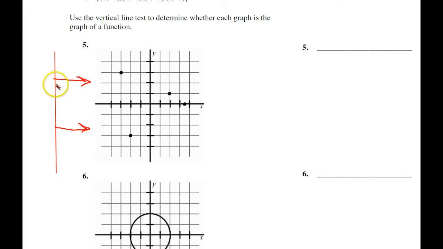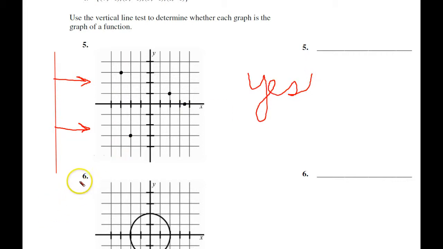Now, as this vertical line moves over the graph, does it intersect these points in more than one place? Well, here it's going to be 1, here it's going to be 1, 1, 1. So we say that this set of points passes the vertical line test, and if it only intersects in just one place, yes, it is a function.